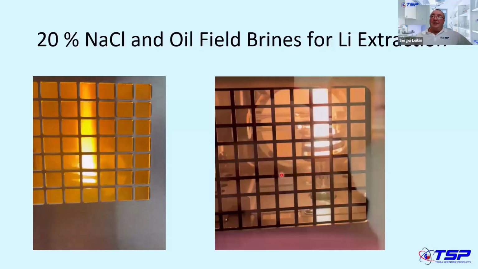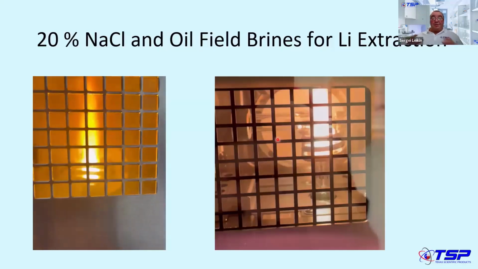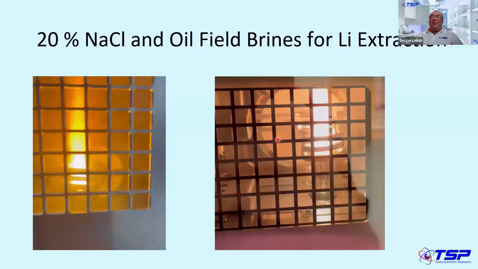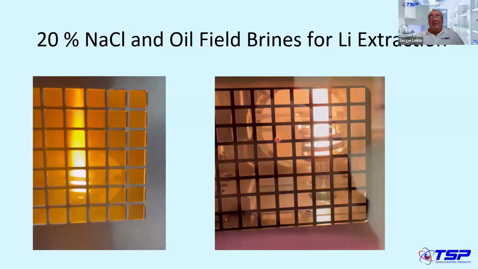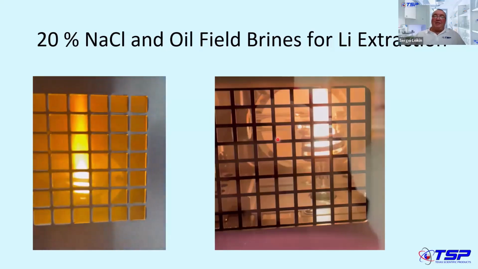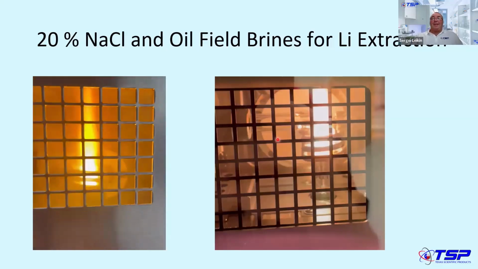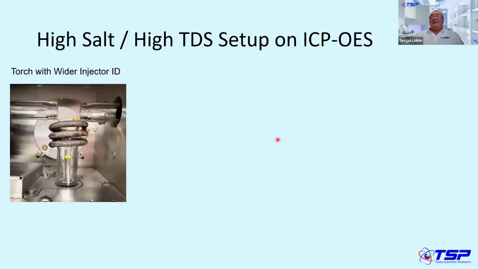This is an oil field brine used for lithium extraction, so it's also loaded with a lot of salts. So how do you run this type of sample relatively smoothly and reliably? Here is the setup and the key components that you need to be aware of.